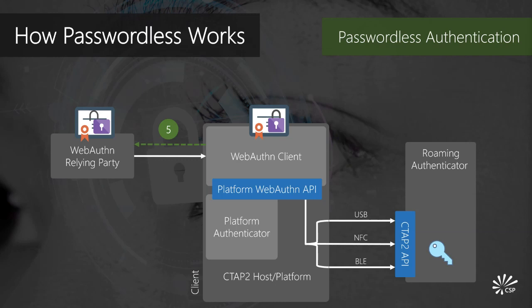And then it's going to verify that the response contains other information, such as that the relying party ID matches. That's just an extra check to make sure that the response is being received for the same authentication attempt that was initiated by the relying party. Once all those things have been verified, the signed credential is then used to authenticate the session from the browser or the WebAuthn client to the service.